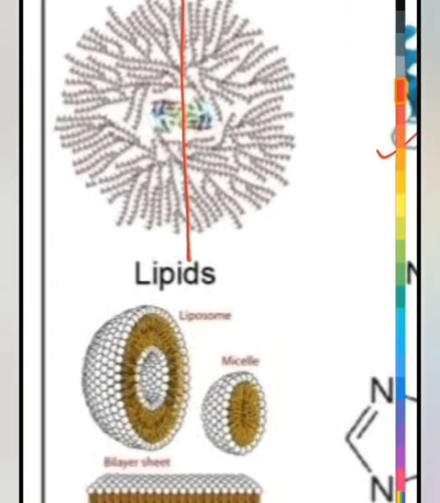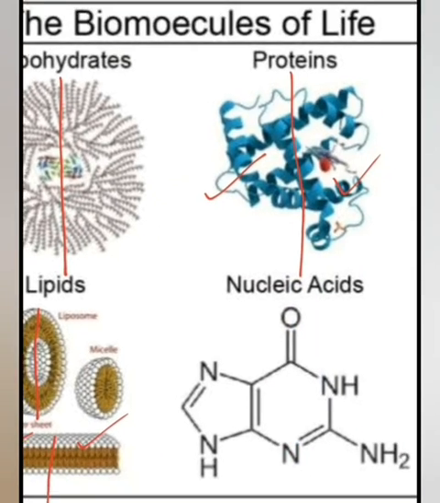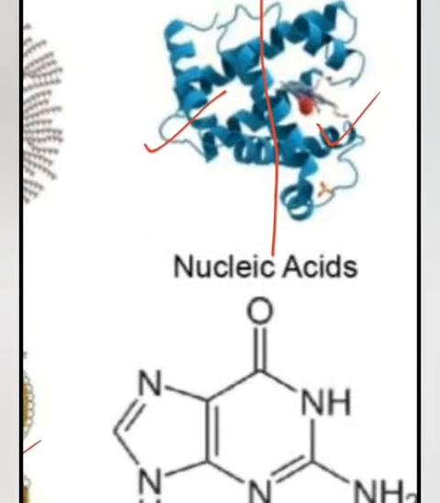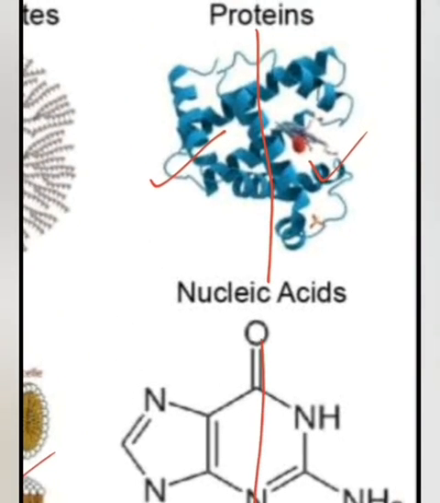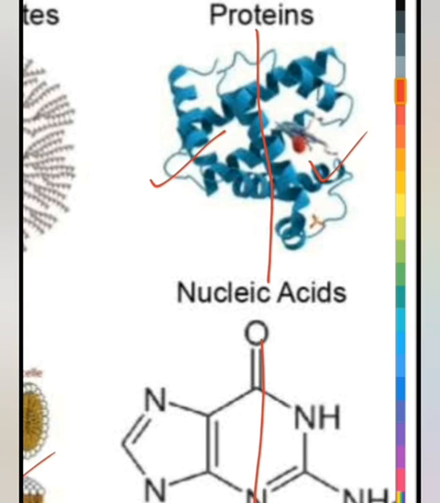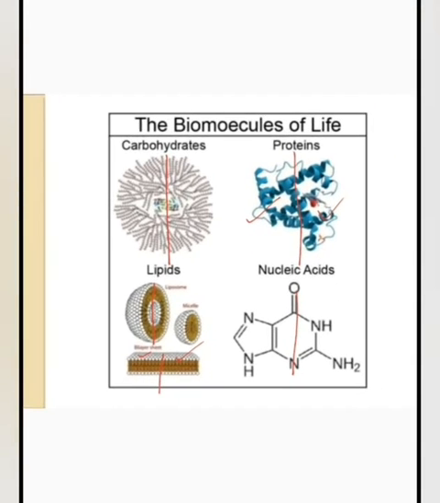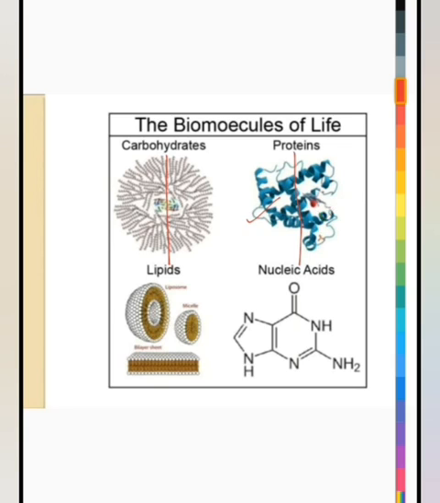But in case of lipids, if we draw a line from here or here, these two sides are symmetrical. Coming to nucleic acids, again they are not symmetrical. There may be exceptions, but in most cases the biomolecules are asymmetrical in structure. And mostly they are large macromolecules produced from simple and small unit molecules.